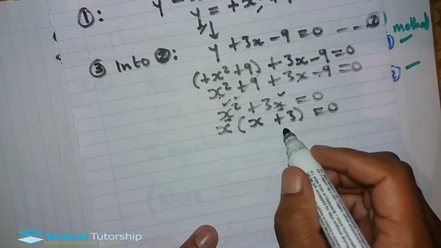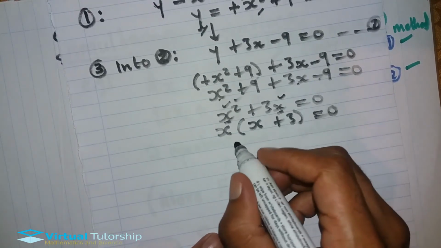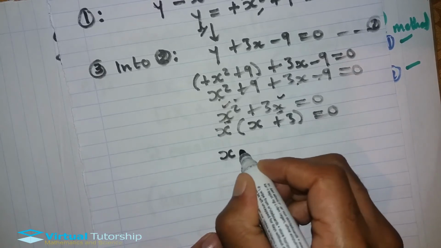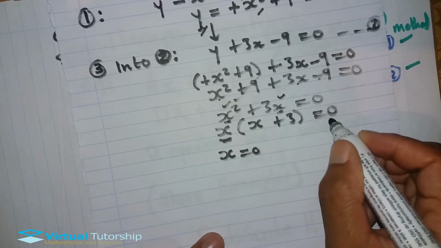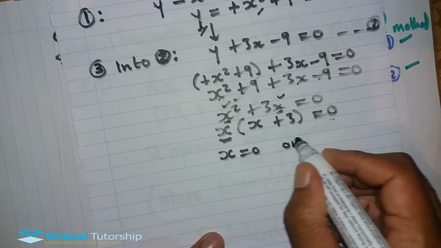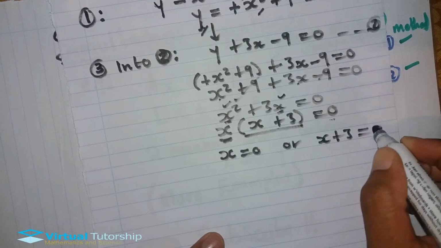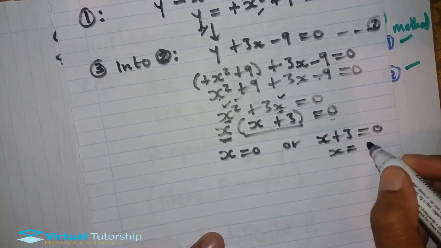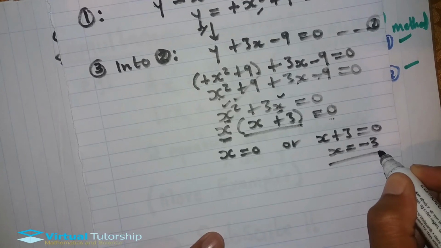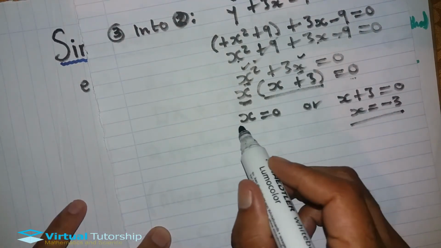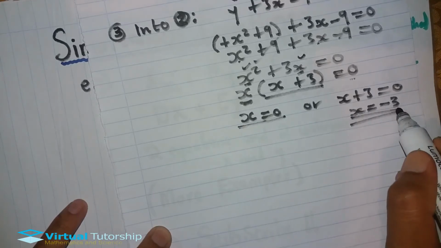So I take out x as a common factor and put it outside. Now look: x is equal to 0, or this bracket x plus 3 is equal to 0. So x is equal to negative 3. Okay, so now I have x as 0 and x as minus 3.